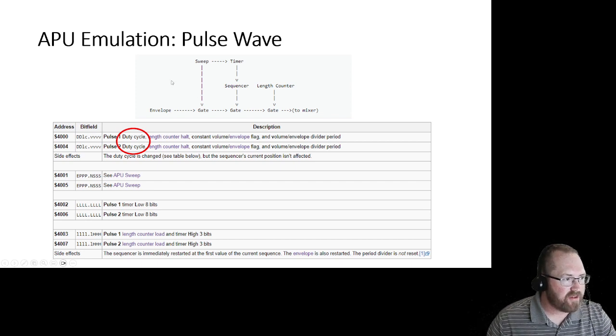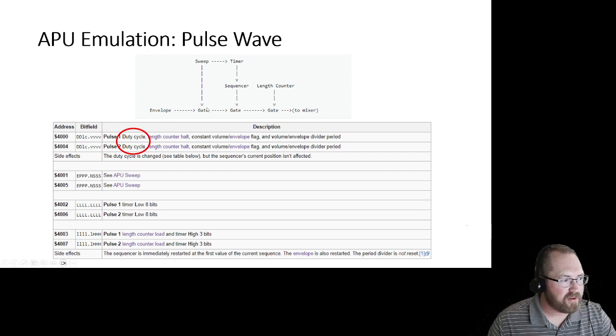The pulse wave is pretty simple. It's a square wave. There are various counters to control volume, sweeps, and things like that. The length counter is basically a duration counter. Once it reaches 0, it cuts off the volume. Basically each of these gates is a different condition that causes the sound to terminate.